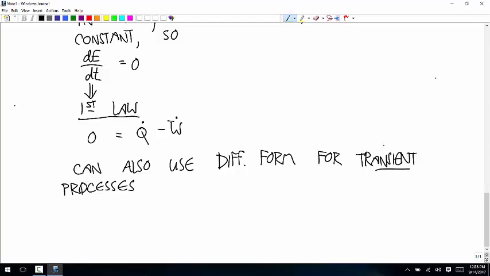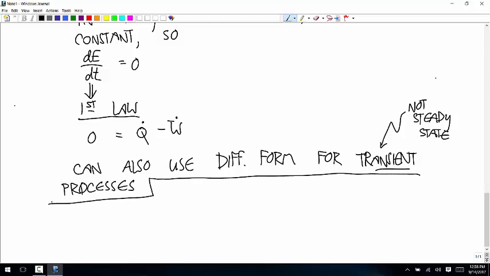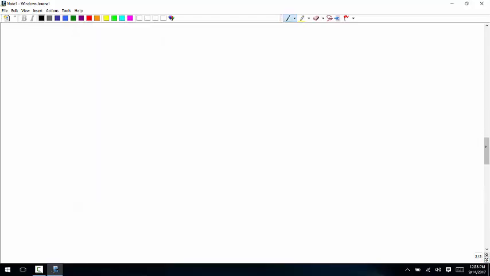Transient is just not steady state. So I'm just going to do an example.